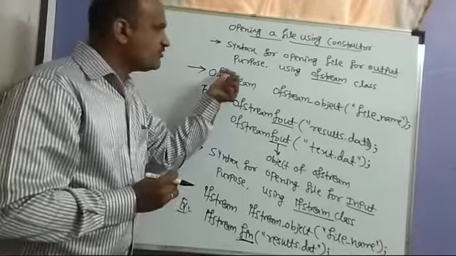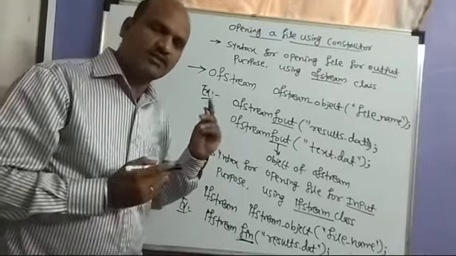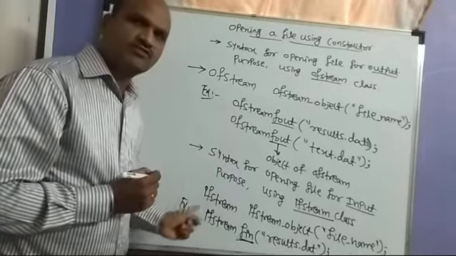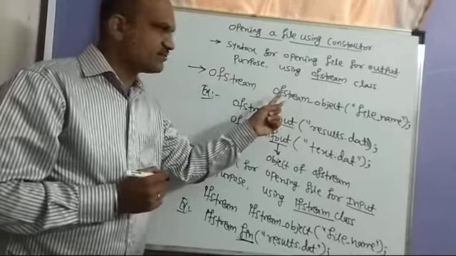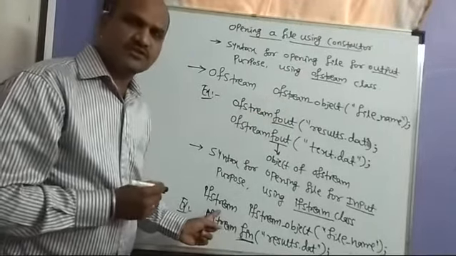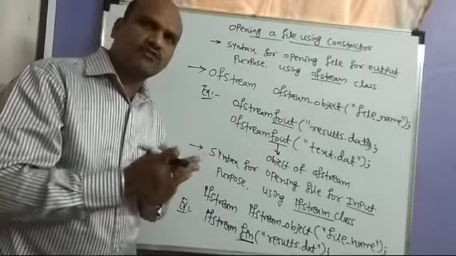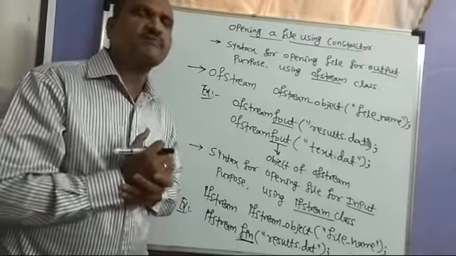So these are the two ways of opening the files: ofstream for the output purpose and ifstream for the input purpose. Both ifstream and ofstream are classes that come with fstream.